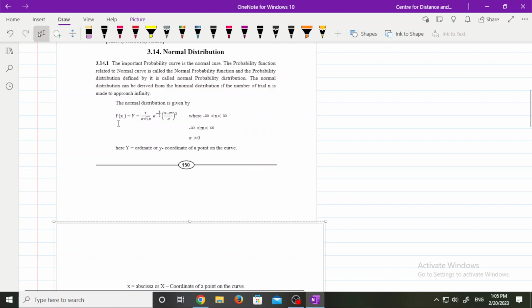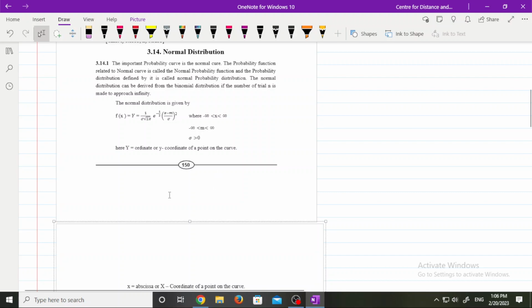This is our formula for the normal distribution: f of x is equal to y, the y coordinate of a point on the curve, and it is given by 1 upon sigma under root 2 pi into e raised to minus 1 by 2 into (x minus m divided by sigma) whole square, where minus infinity is less than x is less than infinity, minus infinity is less than m is less than infinity, and sigma is greater than 0.